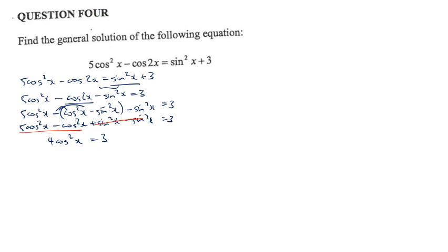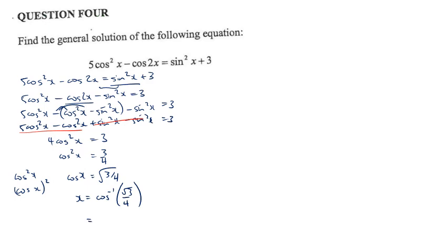Now that's a bit easier to do, because I can say that cos squared x is 3/4. Now remember, cos squared x is the same as cos x squared, so think about it that way. So cos x is the square root of 3/4, and so x is now the arc cosine of root 3/4.